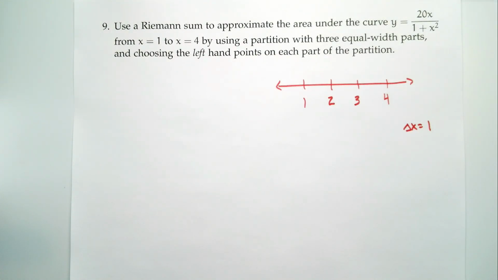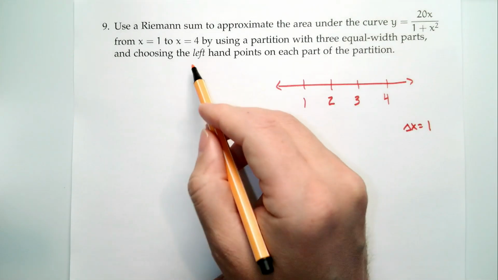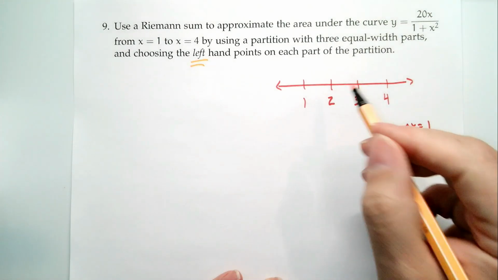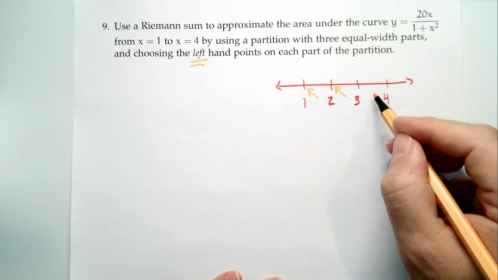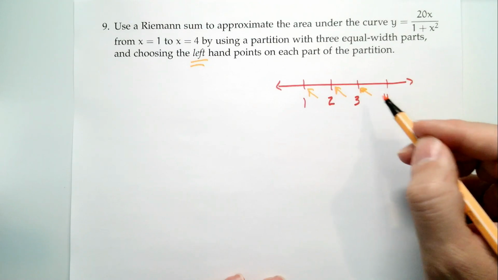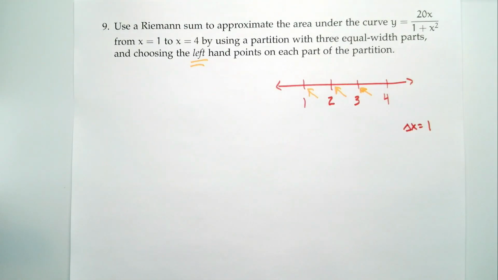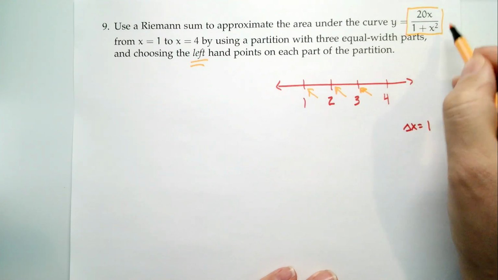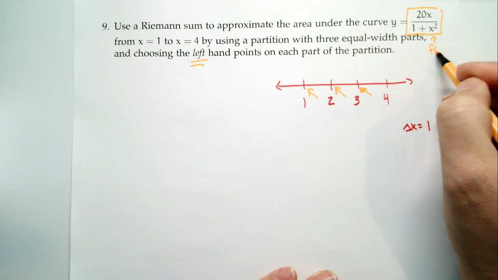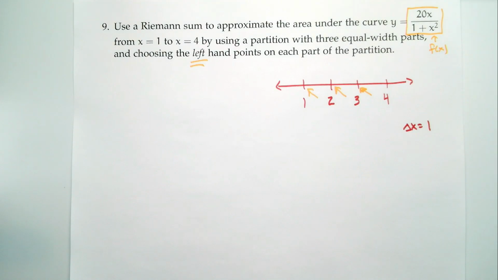And for each interval, we need to figure out which point we're using. Well, that is going to be told to us. So we're going to choose the left. So we're going to choose those points. And of course, this is our function f of x. We're ready to go. So what do we get?